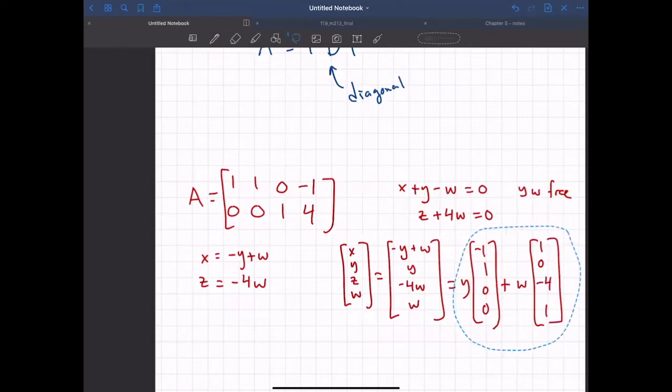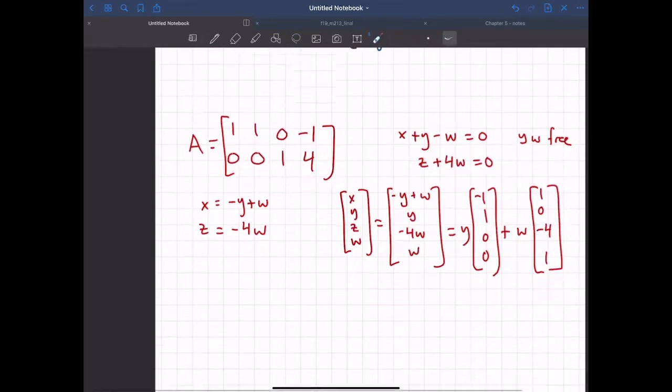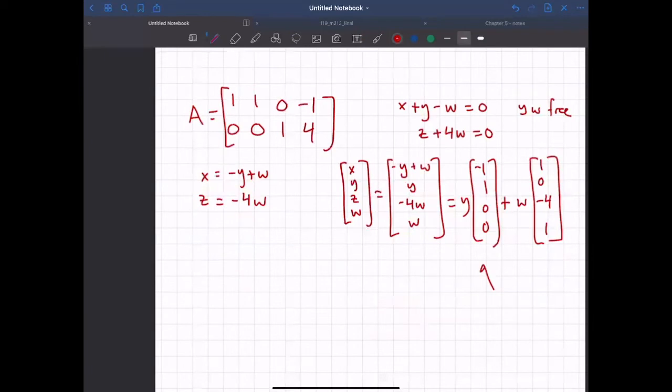Remember, what we've done here is we've found these two vectors, and these two vectors are a basis for the null space of this matrix. Maybe I should write that down. Okay, they're a basis for the null space of the matrix, but remember the null space is the orthogonal complement of the thing that we want.